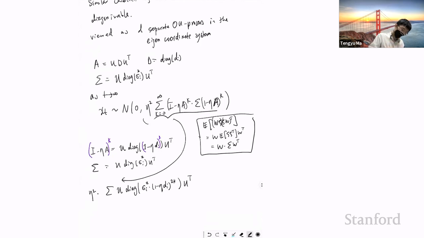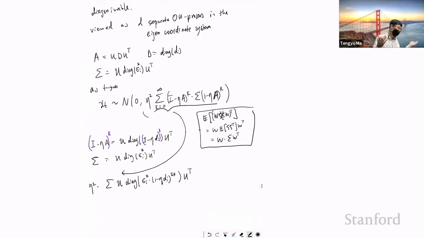That's this matrix, and this is the beauty of eigendecomposition, because everything becomes diagonal, and you take the sum to infinity, k from 1 to infinity.